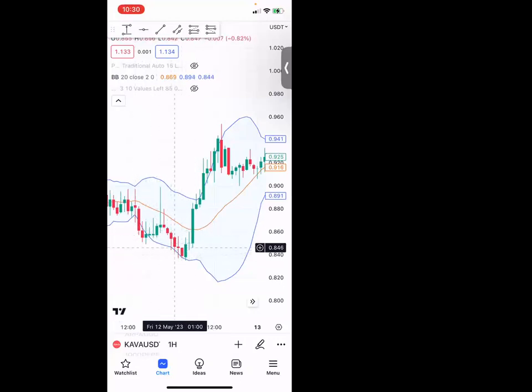But you don't just wait for the market to come to the lower band and then buy, because most times it comes to the lower band and keeps trading below it. So you wait and see price action.